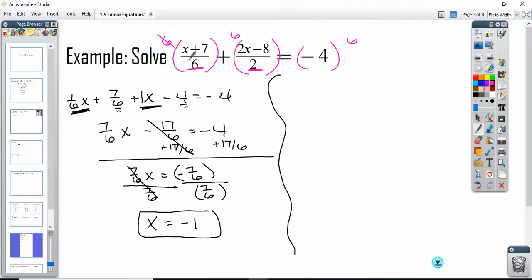In this one, those cancel and you just have x plus 7. This one, 6 divided by 2 is 3, so you have 3 times the 2x minus 8 equals -24. And now this looks more like the first problem we did. We have to distribute the 3.